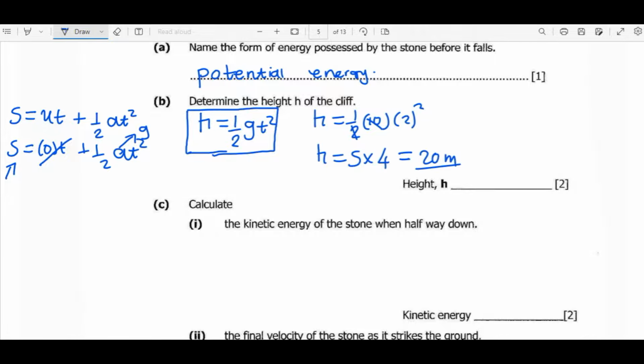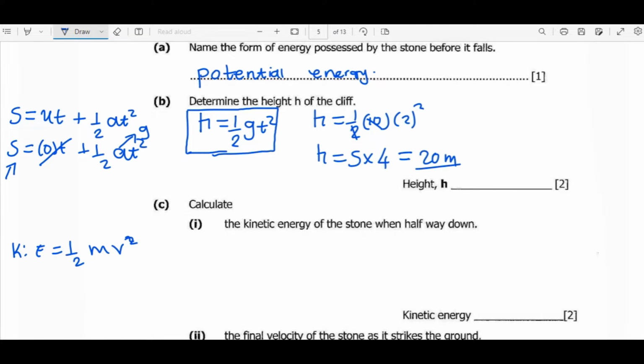Then for question C, calculate, Roman number 1, the kinetic energy of the stone when halfway down. The formula for kinetic energy is KE is equal to half mv squared. Now we can't find the kinetic energy since we are not given the velocity. So what are we supposed to do?